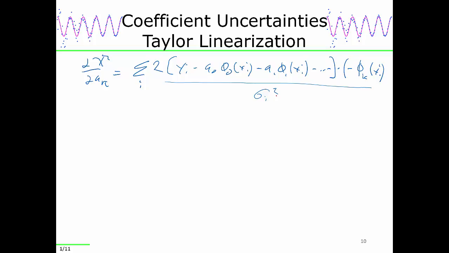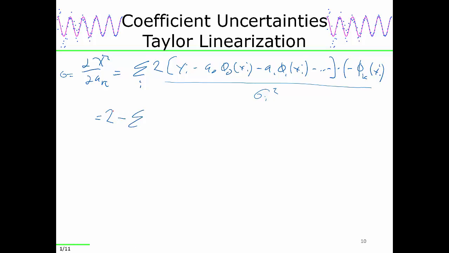And then this whole thing is going to equal 0. So I'm just going to break this sum apart. Now, I know I have this phi sub k I'm going to multiply all the way through, but I'm just going to break it up a little bit. I still have this factor of 2 here. I'll pull that out, and then I've got a negative.